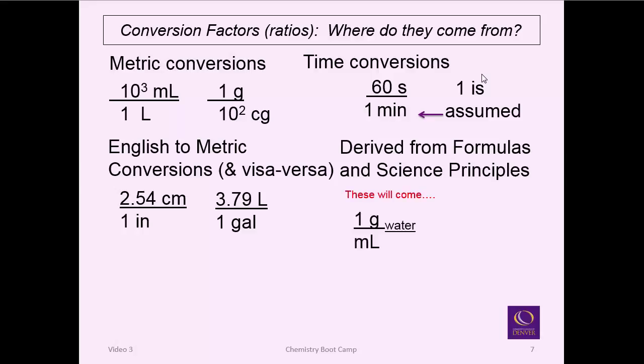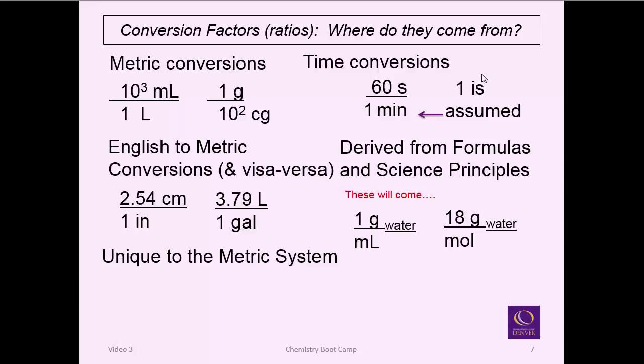For example, there's 1 gram per mil in water once we understand density. Or there's 18 grams per mole of water once we understand what a mole is from chemistry. But there is one conversion factor that's unique to the metric system, and that is there's 1 mil in every cubic centimeter. And I'll explain that specifically later.